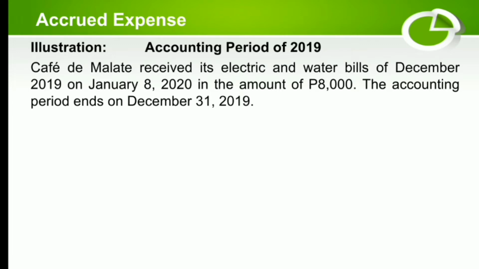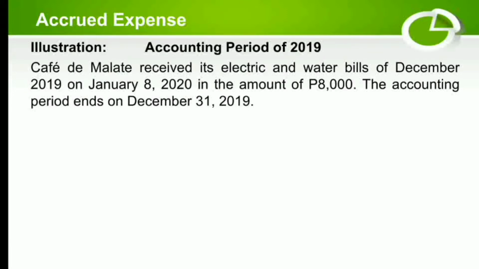So this means that by December 31, 2019, we need to prepare an adjusting entry in order to recognize the utilities expense, which are the electric and the water. And aside from the utilities expense, we also have to recognize the liability, since these electric and water bills are not yet paid as of December 31, 2019.